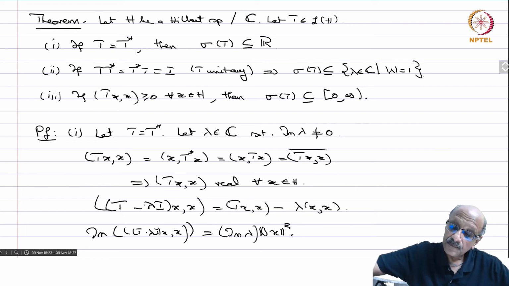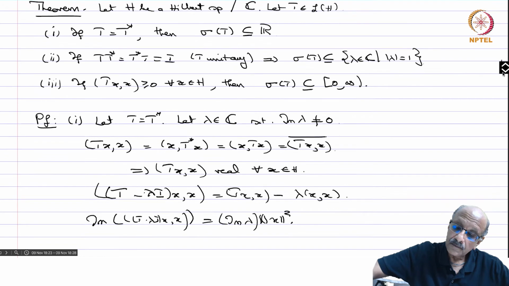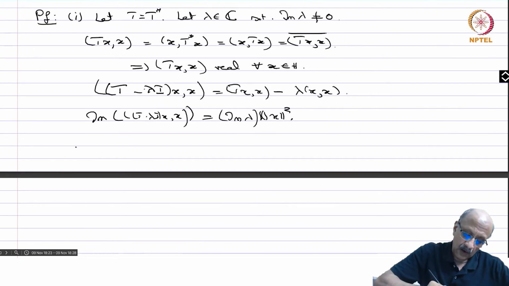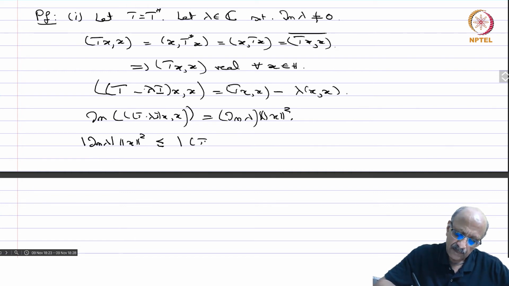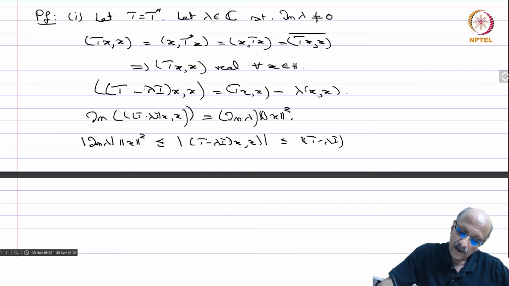Therefore, mod imaginary part of lambda times norm x squared is equal to the modulus of this, so that is less than or equal to mod of ⟨(T − λI)x, x⟩, that is less than or equal to norm of (T − λI)x times norm x.